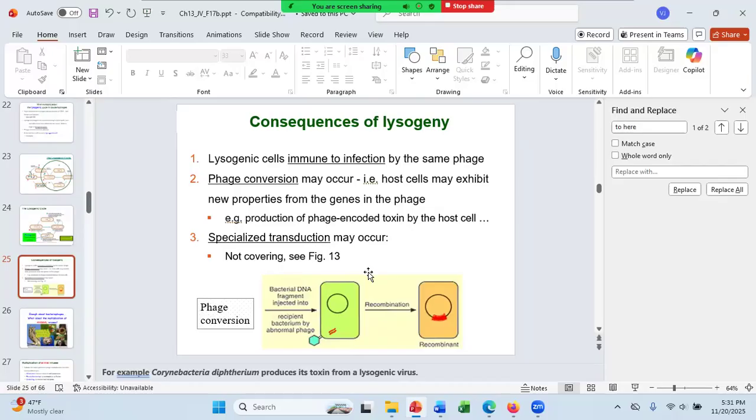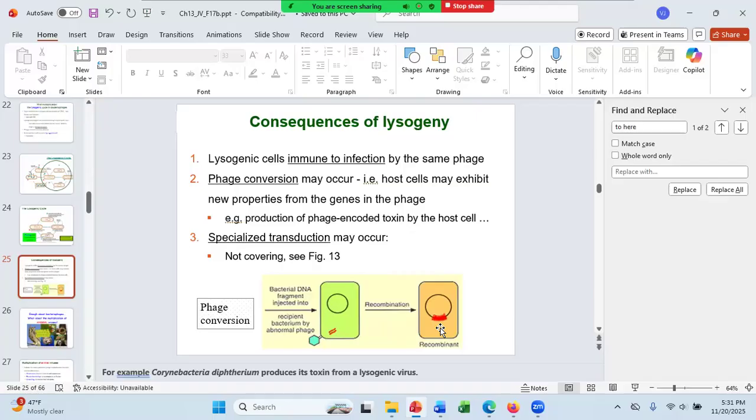There's another consequence of lysogeny, which is much more important, and that is phage conversion, where this host cell picks up new DNA from the virus. So this cell has new DNA and it can change the phenotype of this cell when the DNA of the virus is expressed.